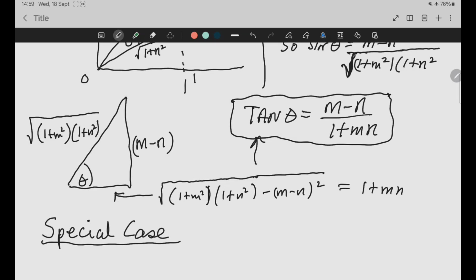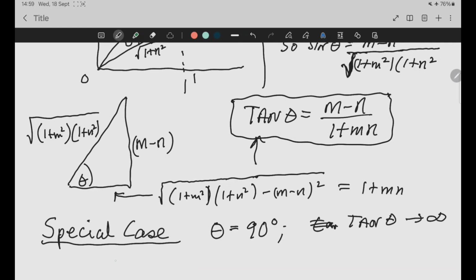And in this special case, suppose theta happens to be 90 degrees. Okay? In which case, tan of theta will tend to infinity. Okay? Now it will tend to infinity if the denominator of the formula is equal to 0.